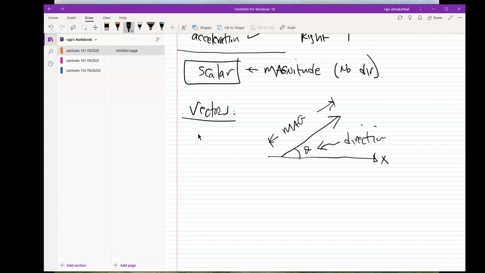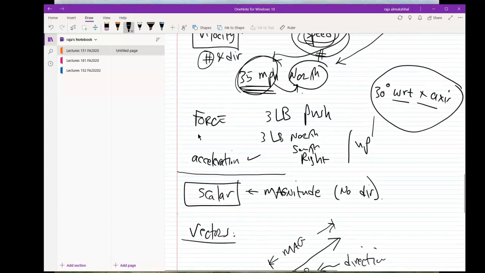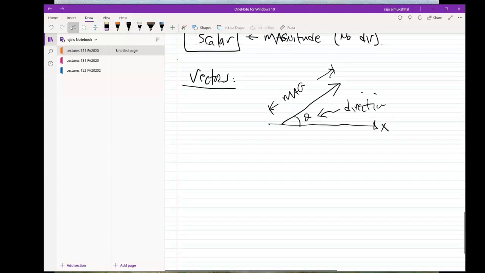Just like I told you here on the previous page. Remember that? Right here. It's at 30 degrees with respect to the x-axis. WRT is kind of a cool abbreviation. Remember it. I use it a lot. 30 degrees WRT, with respect to the x-axis. 30 degrees. That's basically direction. So the direction, we refer to direction in terms of an angle.